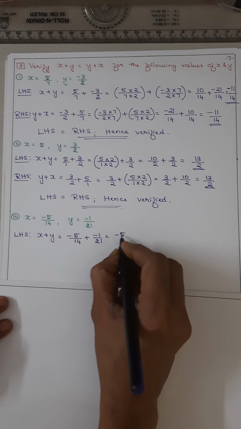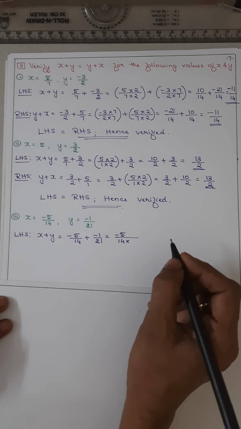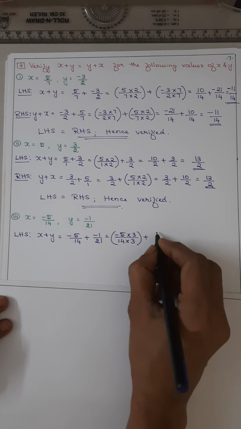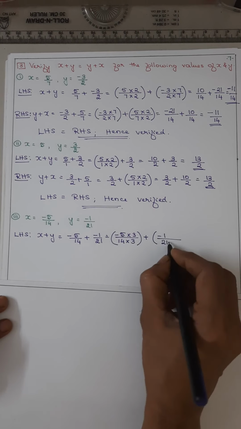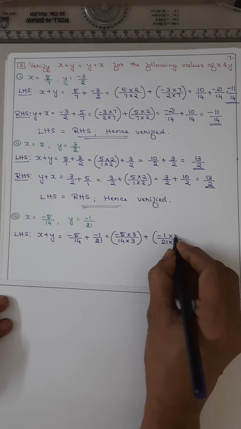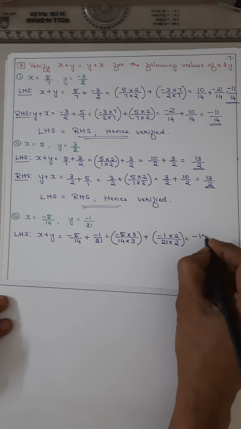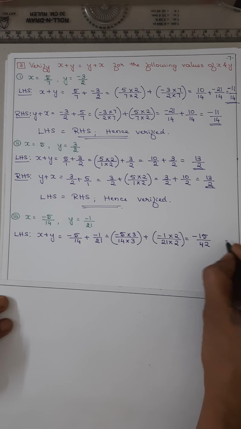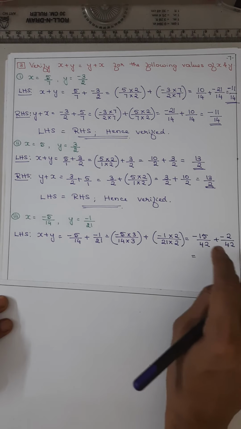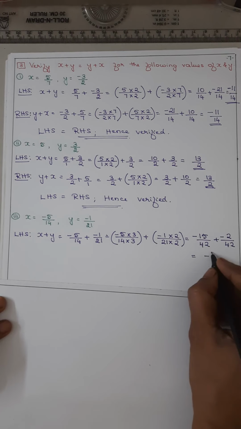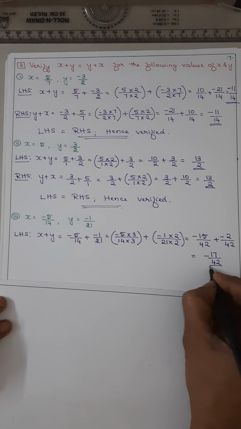So minus 5 by 14 into 14 3s are 42 plus minus 1 by 21, 21 2s are 42. So अभी आया plus minus minus 5 3s are 15 by 42 plus minus 1 2s are 2 by 42. अभी दोनों को ऐड करने का है क्योंकि साइन सेम है. साइन इज माइनस 17 by 42.